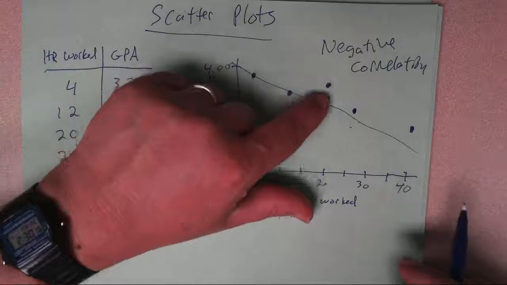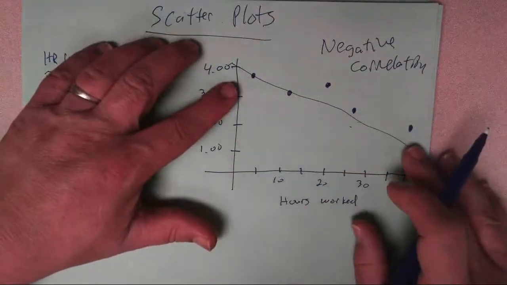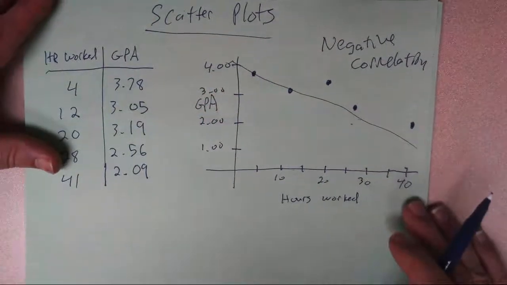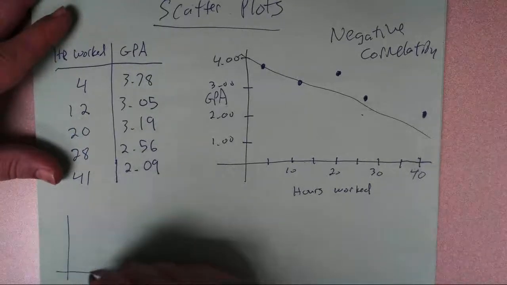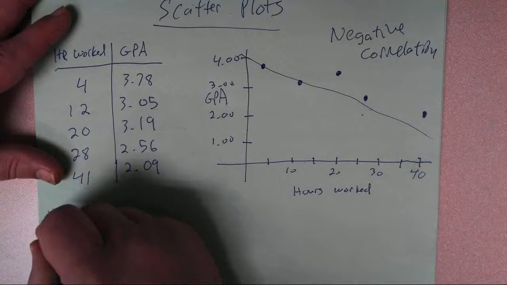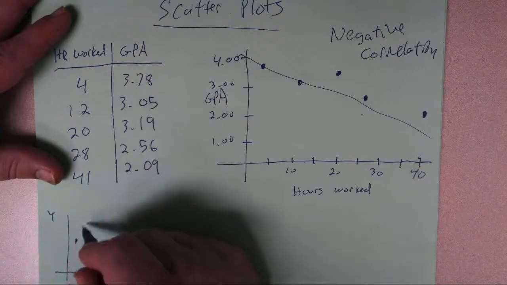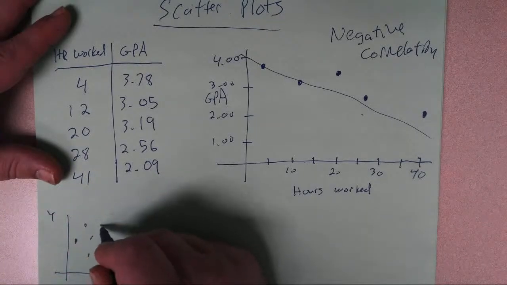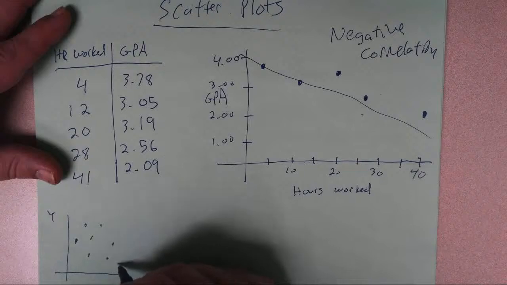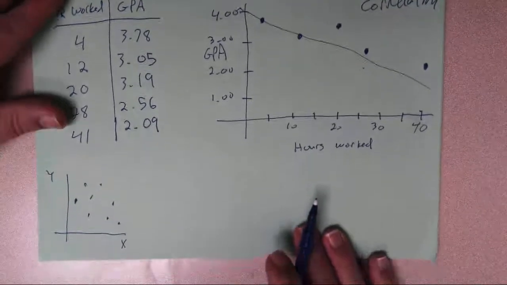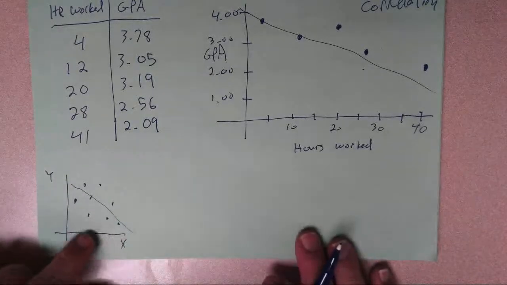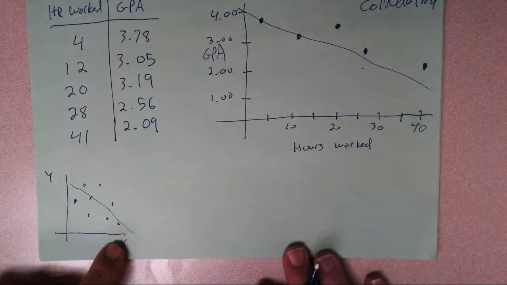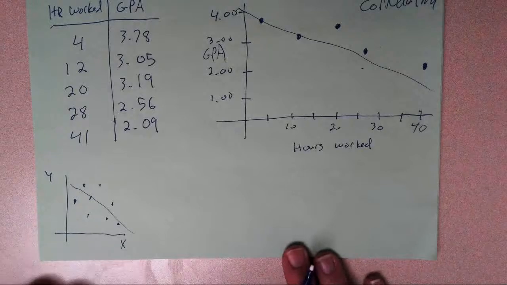The closer these lie along some line, the stronger the correlation is. If I had a set like this, this would be a negative correlation, but it's not going to be nearly as strong. In general there's a downward trend to the data, but this would be a fairly weak negative correlation.